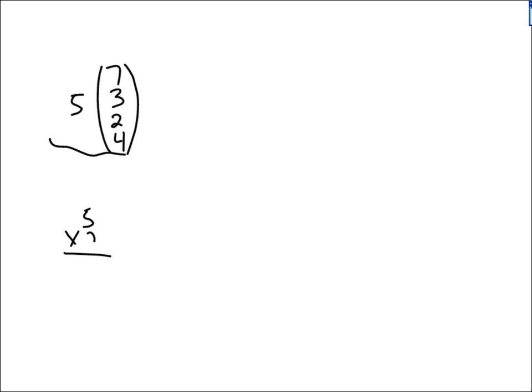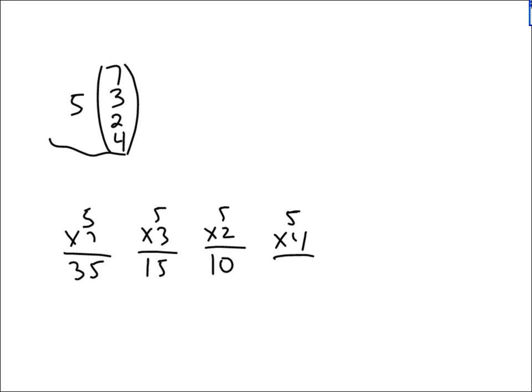5 times 7, work that out. What is 5 times 3? That is, you'd have to compute some multiples of 5. Answers are 35 and 15 and 10 and 20. And that's what this is. Because 5 times 7 is 35 and 5 times 3 is 15.